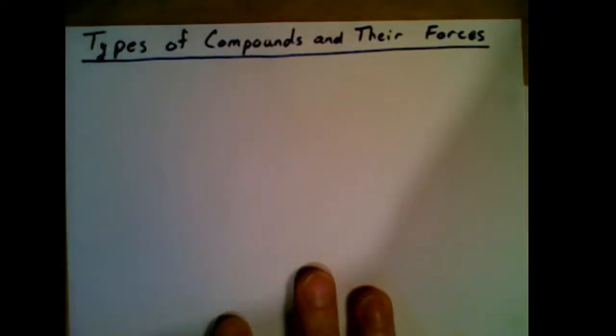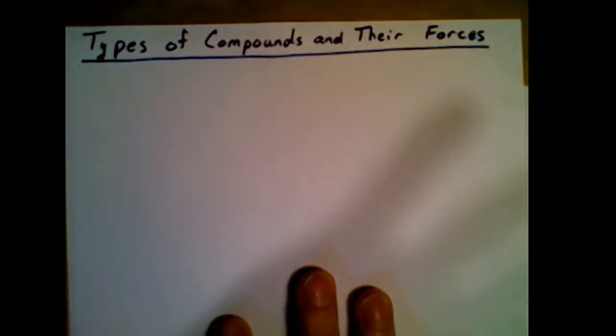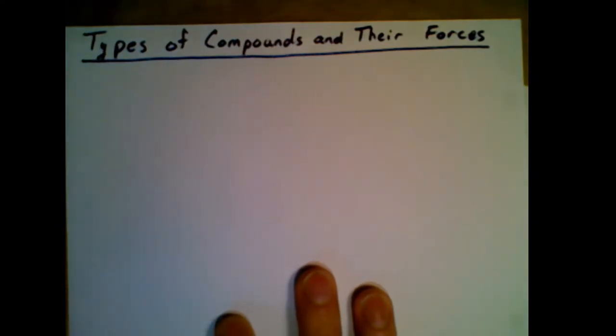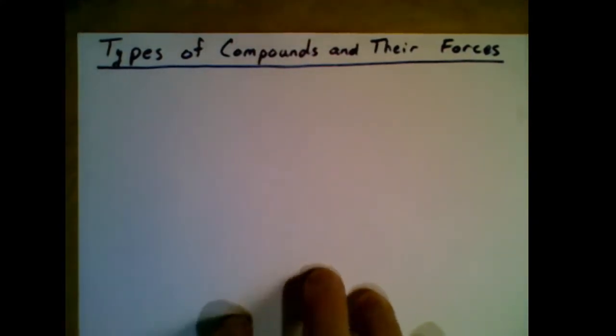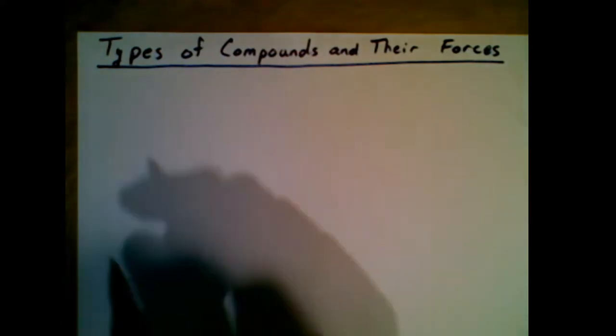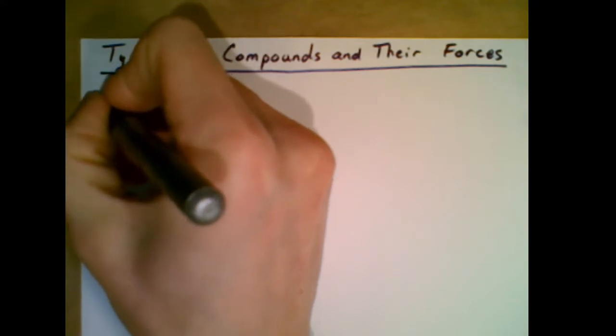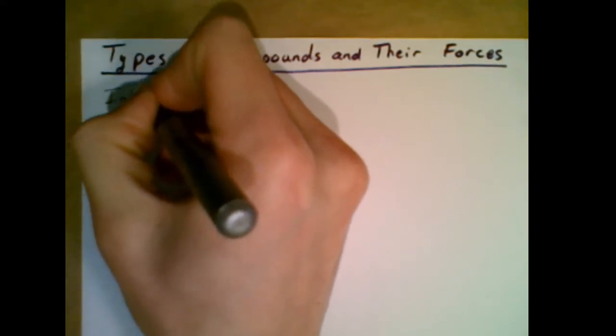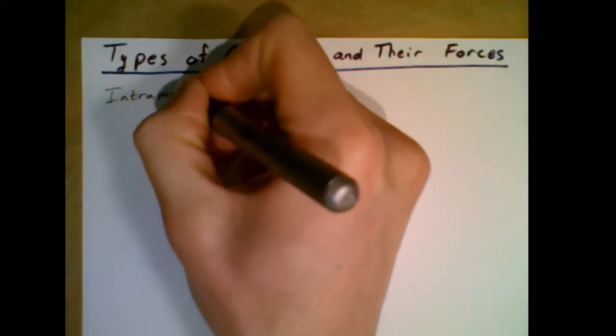And very first, what we need to understand is essentially the different types of bonds that we can deal with. So what we're going to be looking at is the different types of compounds and their forces. Now, in grade 10, you probably learned about different types of compounds, but those are held together using different intramolecular forces.